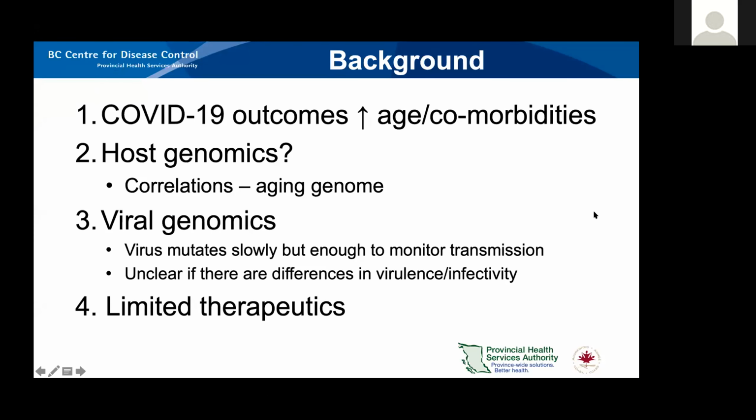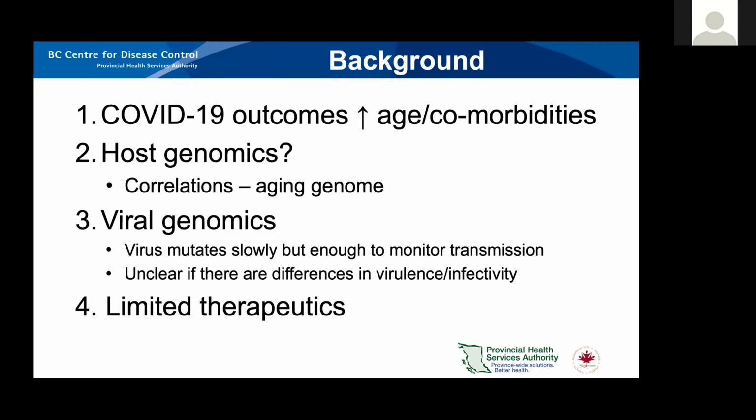Just in terms of very quick background, we all know that COVID-19 outcomes profoundly increase with age and underlying comorbidities, particularly if you're over 70. If you think about host genomics, there'll be correlations with HLA and other things, and angiotensin enzyme expression.